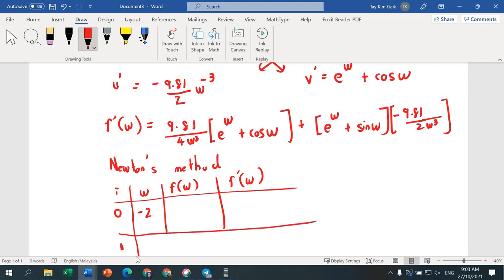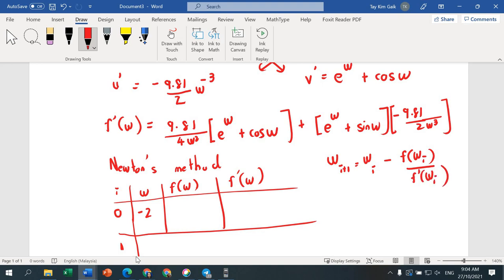Next one, w1. You calculate using w i plus 1 is equal to w i minus f w i divided by f prime w i.